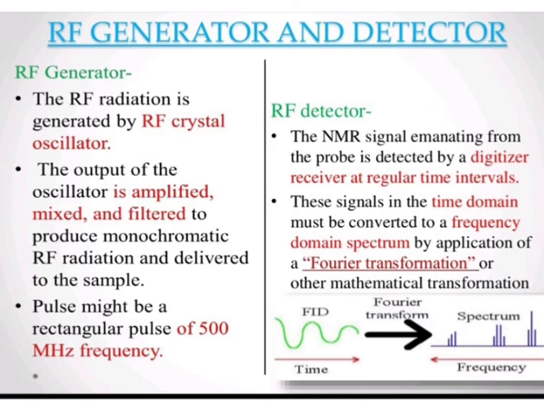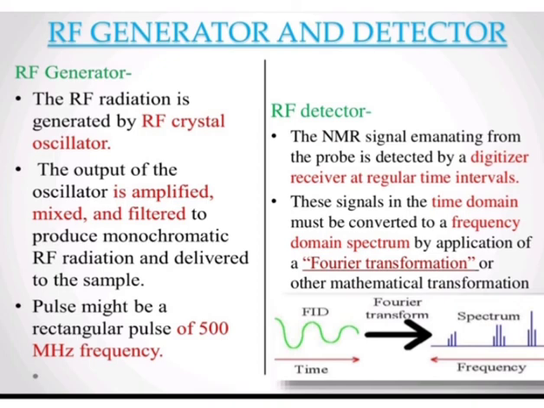Time is fixed as we have written. The pulse time is needed, or a delayed pulse time can be measured. These signals in the time domain must be converted to a frequency domain by application of a Fourier transform or other mathematical transformation.